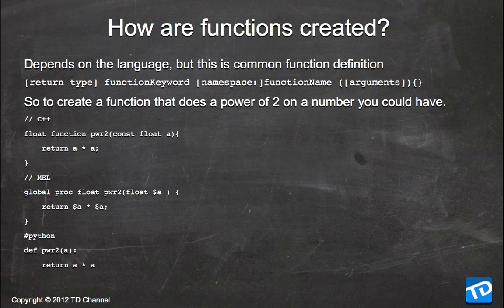Now you see on the other ones we would have to say float a here or up here. In Python, because it's not typed, all you have to do is give it a. Then you have a colon, then you indent, because as you know, in Python white space and indentations are very important, and then you do a return a times a.